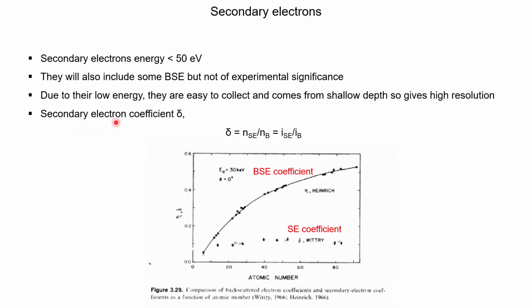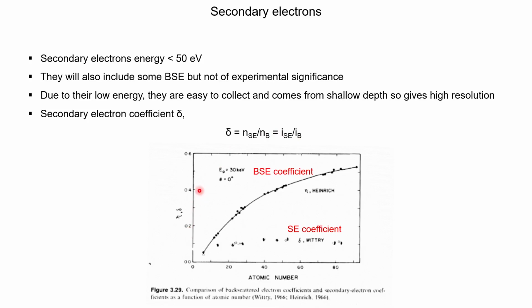As the BSE has its coefficient, the secondary electron also has its coefficient, given by delta, which is the number of secondary electrons divided by the number of beam electrons, and can also be given by the current of the secondary electrons over the beam current.